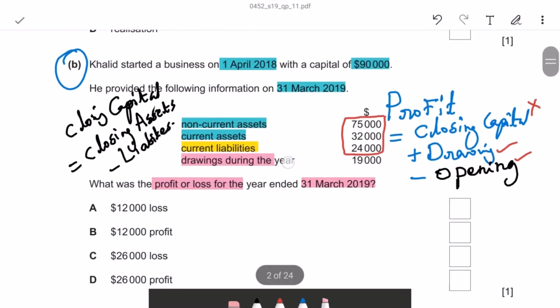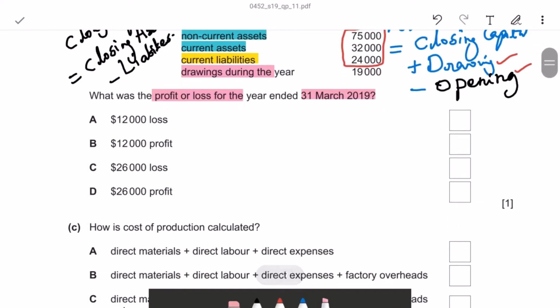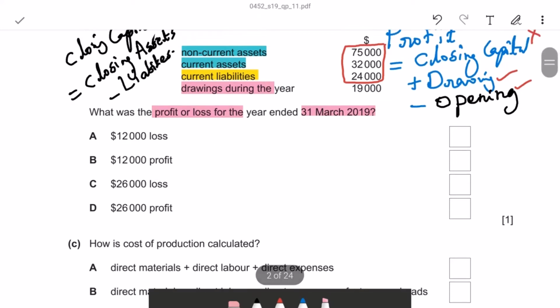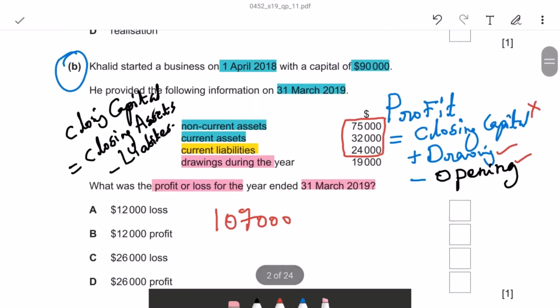That is the closing capital. So closing capital is equal to 107,000. How do we get 107,000? That is adding these two assets, non-current asset and current assets, minus current liabilities. 75,000 plus 32,000 minus 24,000 is equal to 107,000. That is our closing capital.